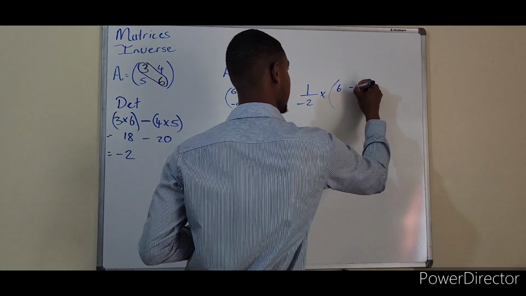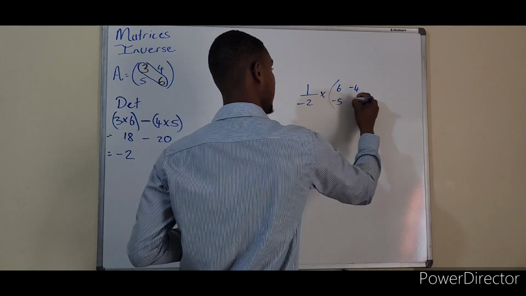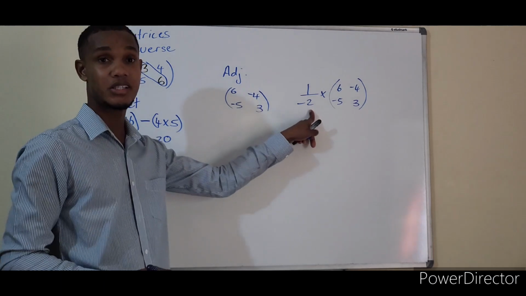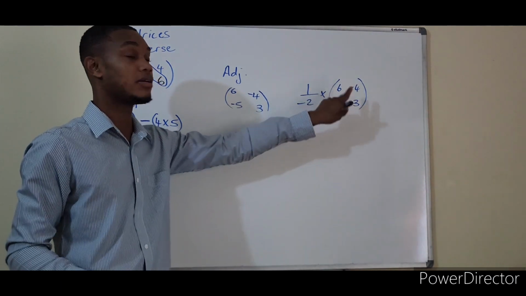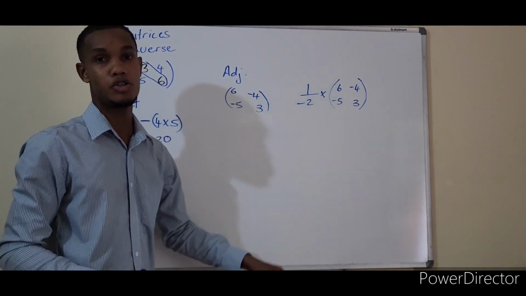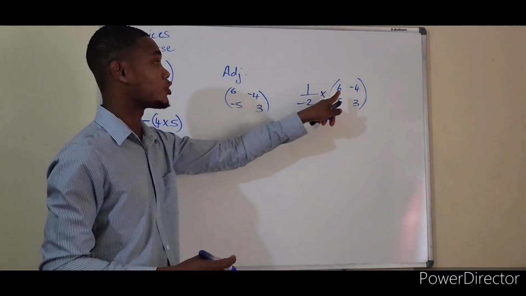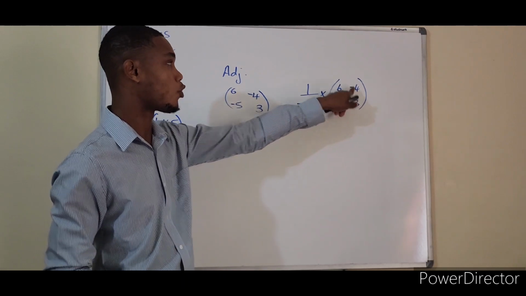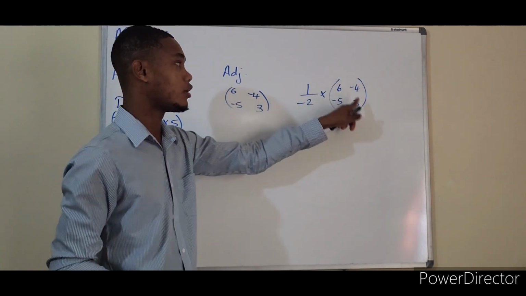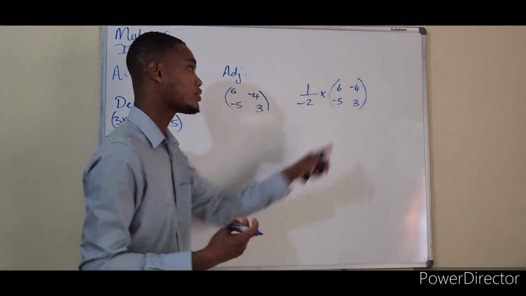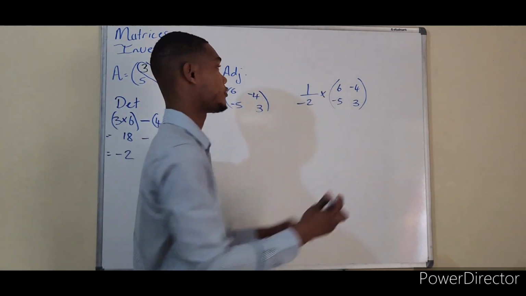So it's 6, negative 4, negative 5, and 3. Now, because this is a fraction, and these are whole numbers, all you need to do is multiply the whole number by the numerator of the fraction. So it's going to be 6 times 1, negative 4 times 1, negative 5 times 1, and 3 times 1. So it's always the whole number by the numerator of your fraction.